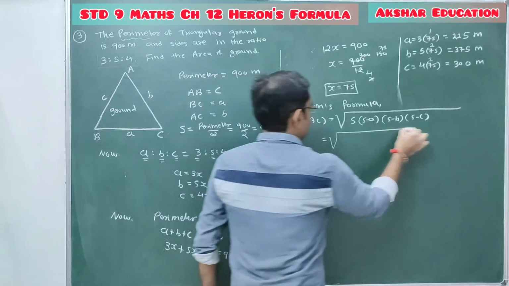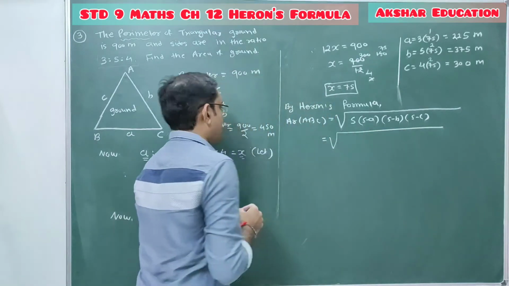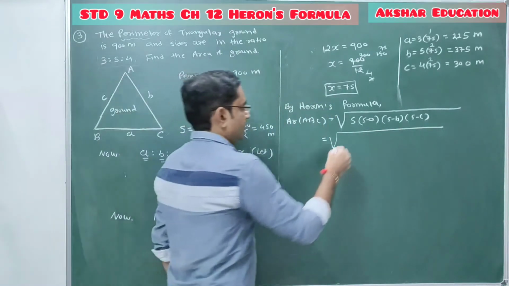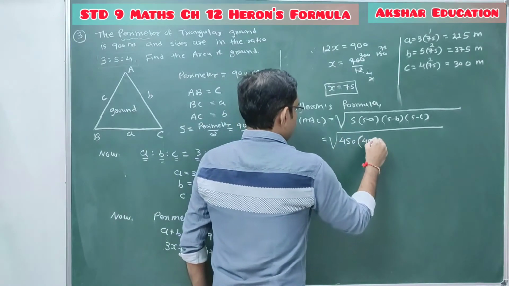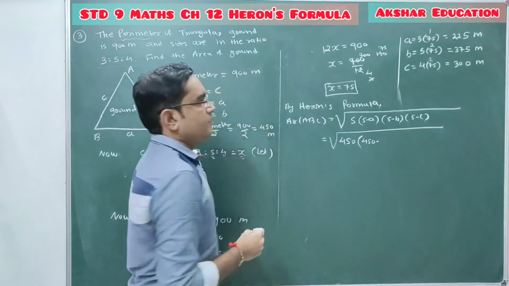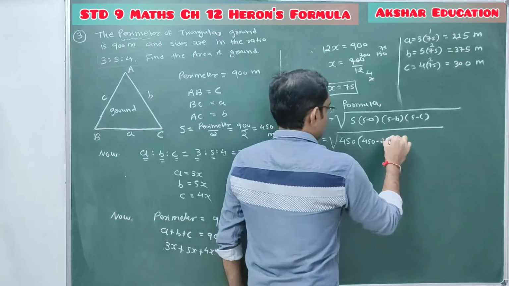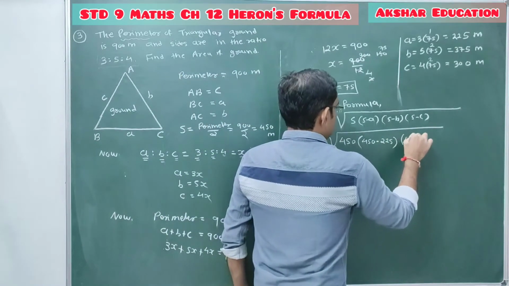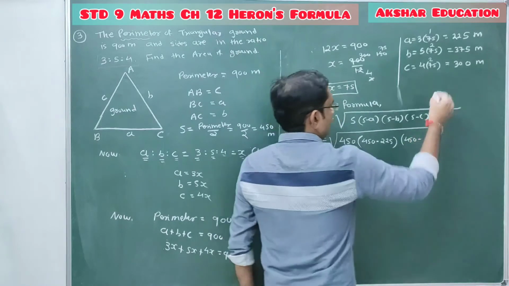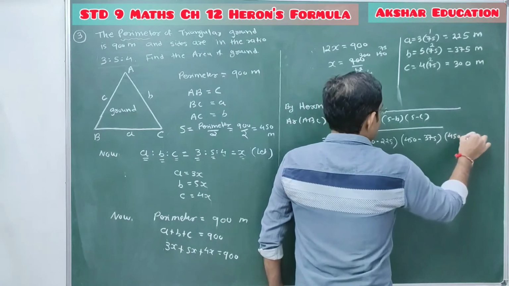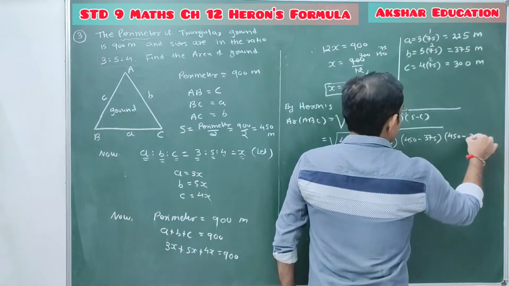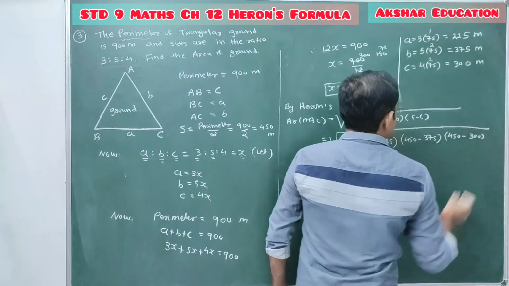So this is equal to S, semi-perimeter, which is 450. 450 minus a is 225. 450 minus b, small b is 375, and 450 minus c is 300.